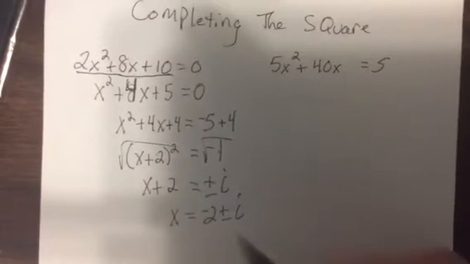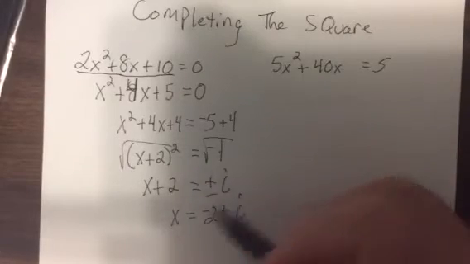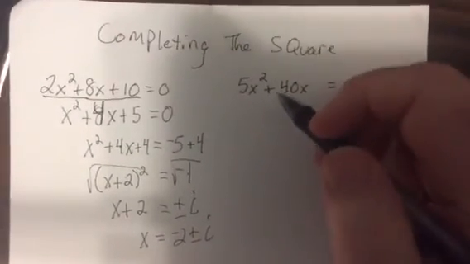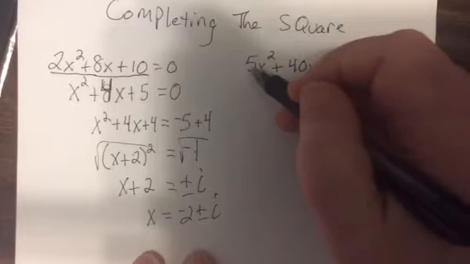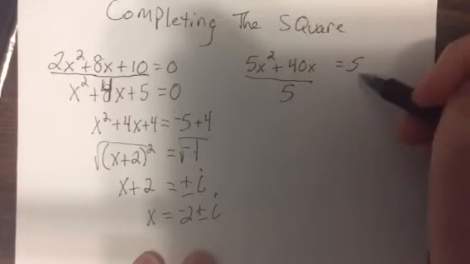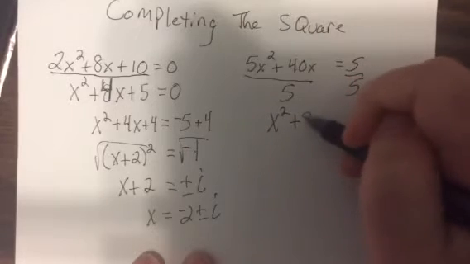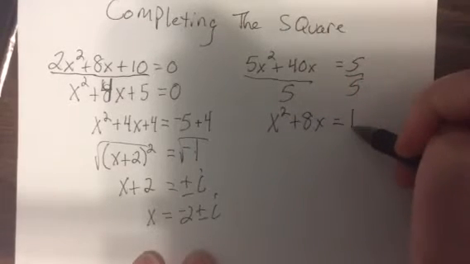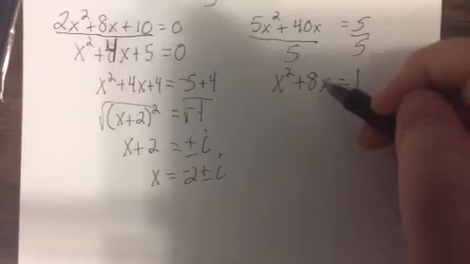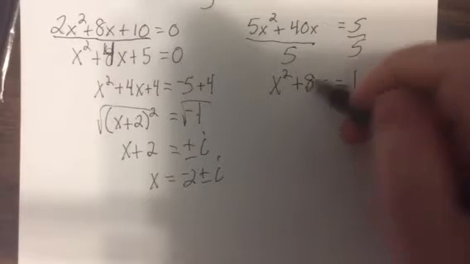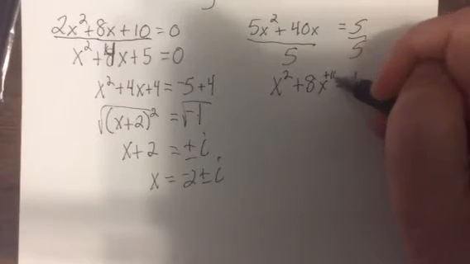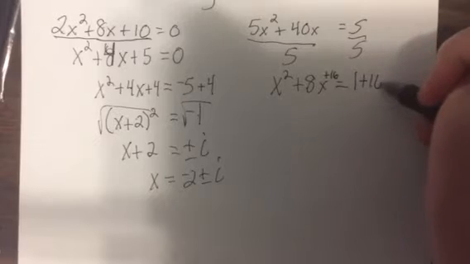So the idea is whenever you have a square equals a number, you can solve it. So this one, I'm going to divide both sides by 5. So I'd have x squared plus 8x equals 1. Now the magic number is half of 8, which is 4, and then square it. And the only way you can do it is if you add it to both sides.